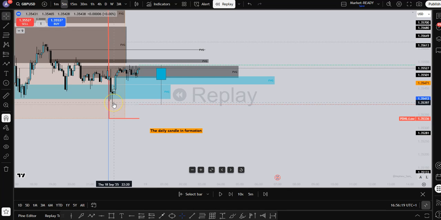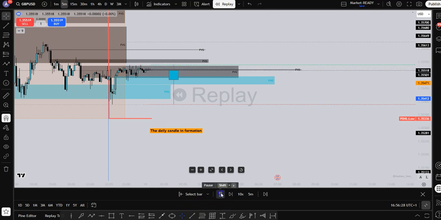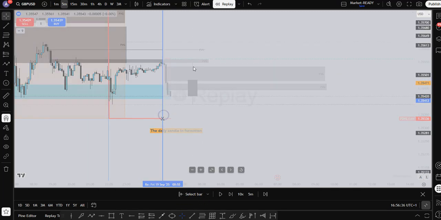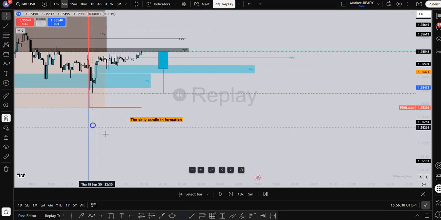Price went all the way down, then all the way up, then came here. You can see that we have a bullish candle. The day started bullish, and as we advance, the candle turned red. So we have a bearish candle that started bullish.